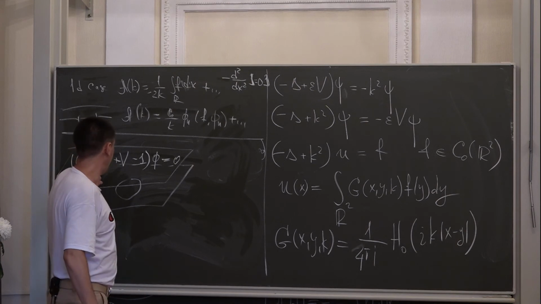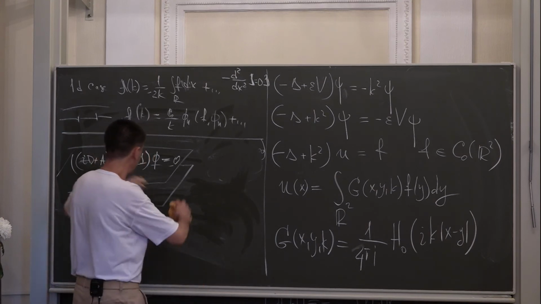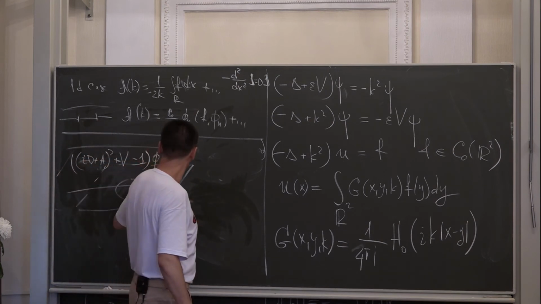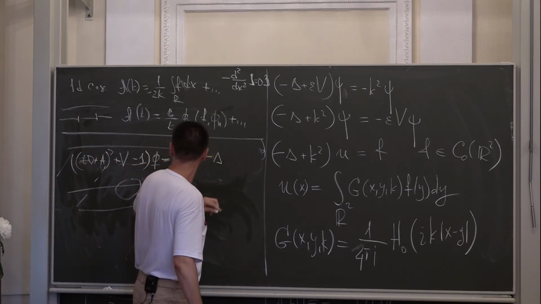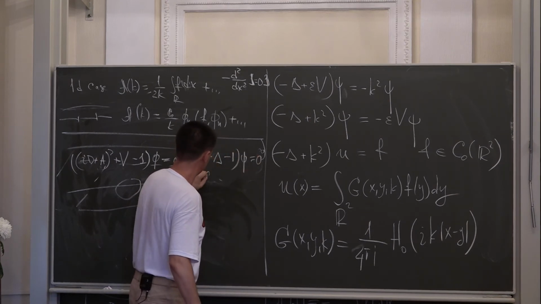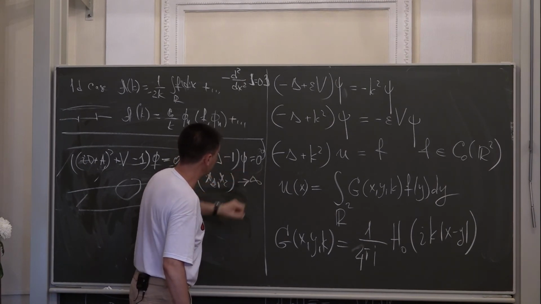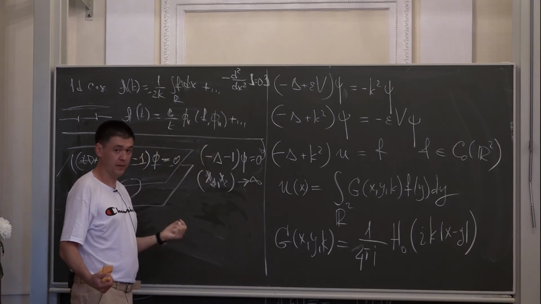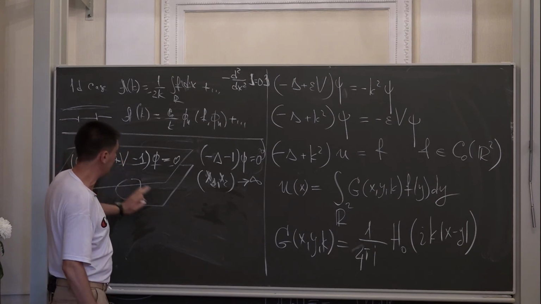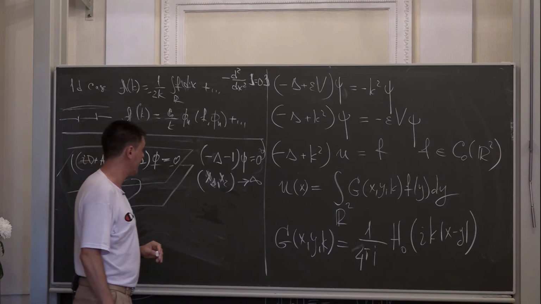OK, so I said that A is compactly supported, D is compactly supported. So at infinity, quite far from their support and quite far from this window, the equation will be simplified like this, right? This is as x1, x2 goes to infinity. So at infinity, I don't have any window, I don't have any A, any V, I have just a Laplacian minus 1. And this equation can be solved by separation of variables.